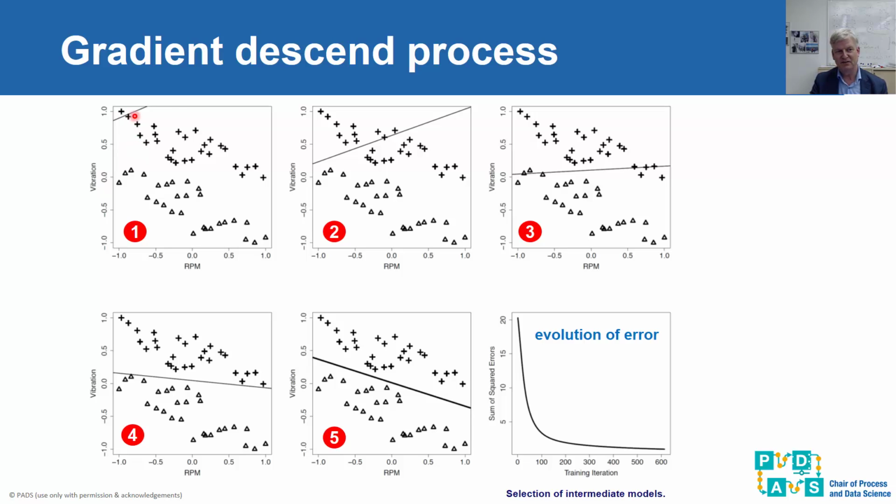Of course, we have a huge error here, and we try to reduce the error using the surface that is now smooth to walk down our mountain to minimize the error. You see that in every step the error is being minimized, and this shows the evolution of the error using the metric that we also used before.